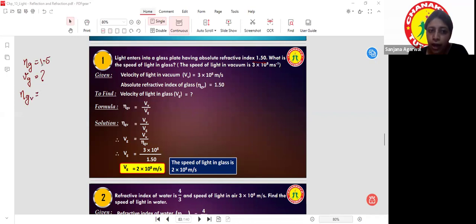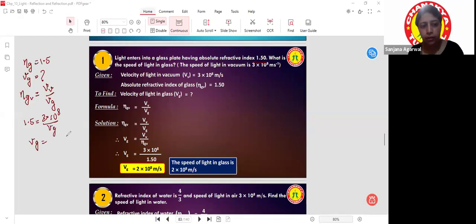So if the absolute value is given, that means light is entering the glass medium through vacuum. So the velocity in vacuum will be the numerator and the velocity of light in glass will be the denominator. Put the values. V is 3 into 10 to the power 8 and Vg we need to find out.